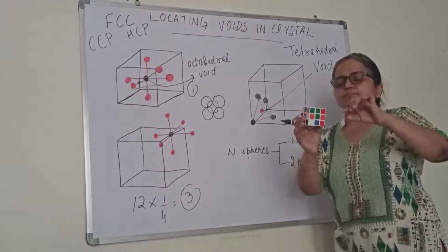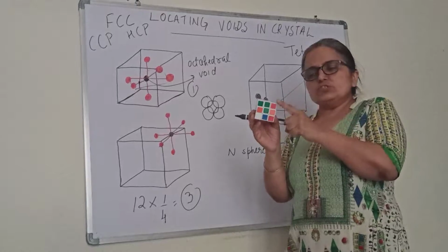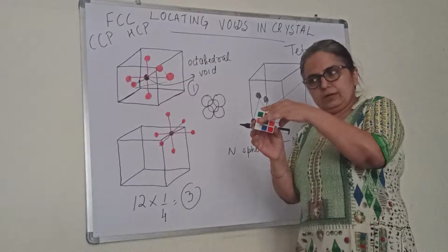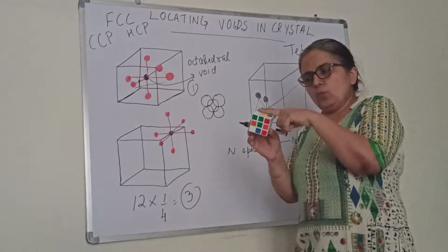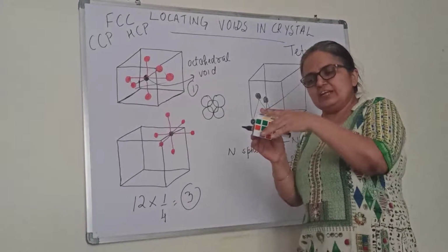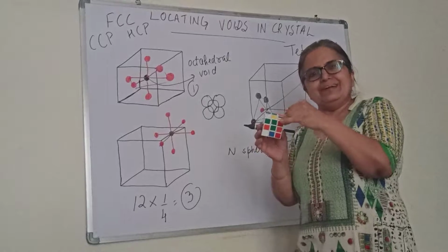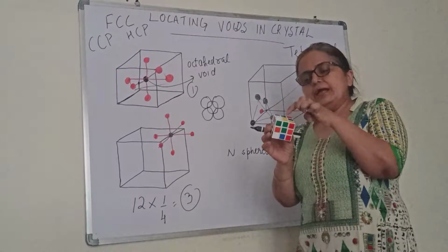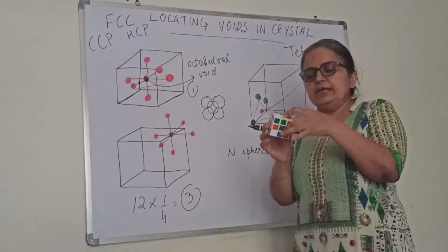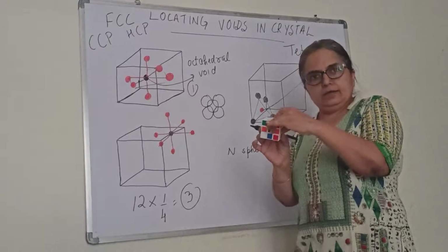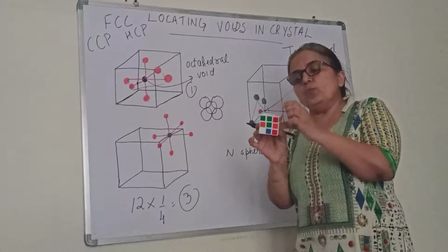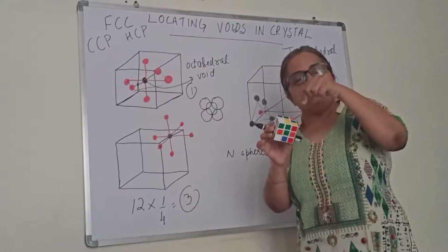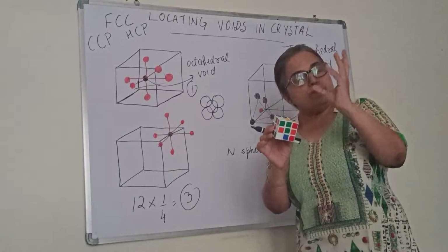I'll show you here. See this corner. Every corner has three faces meeting here: one face, second face, third face. Three faces all come here at the corner. So if one constituent particle is present at the center of this face, second here, third here, three on the faces and one at the corner, between them there will be inside one void that is surrounded by four spheres.